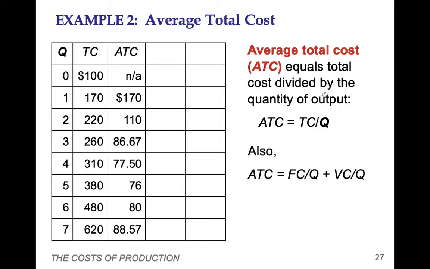If we put total cost as equal to fixed cost plus variable cost, the average total cost is equal to fixed cost over Q plus variable cost over Q. So the average total cost is equal to the average fixed cost plus the average variable cost.